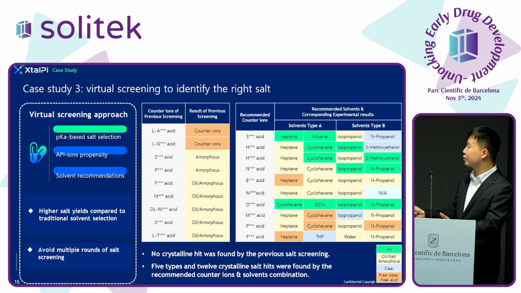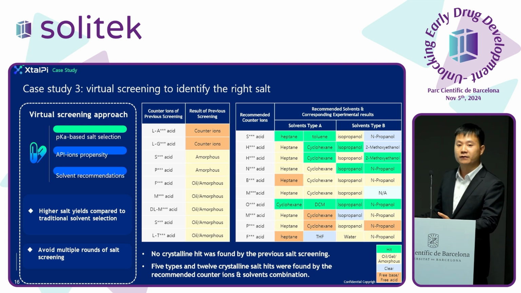But here you can try different solvents, and from the result you see that the green color marks the experiments where we successfully obtained crystalline salts. After this study, we got some crystalline salt, and at the same time, we also saw that the sample indeed always forms amorphous.